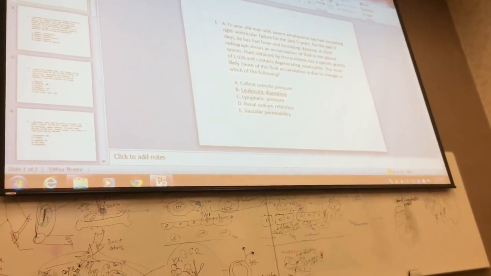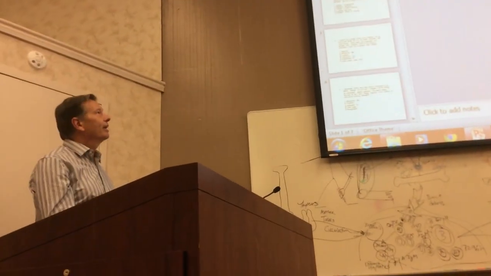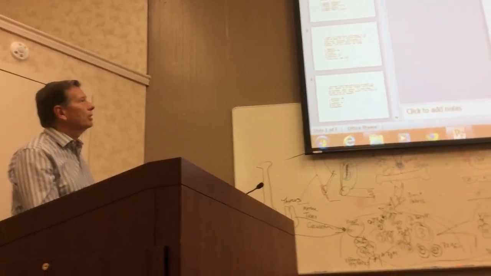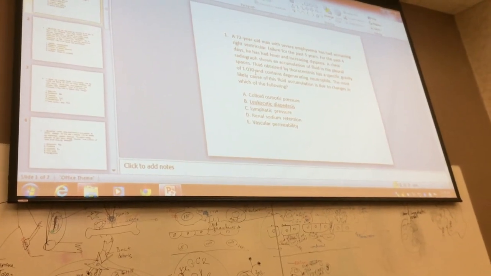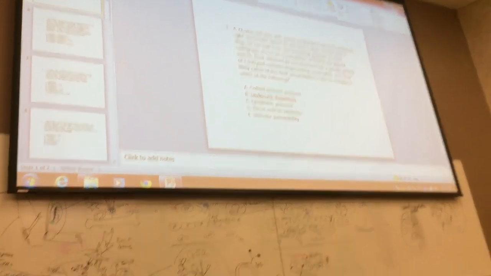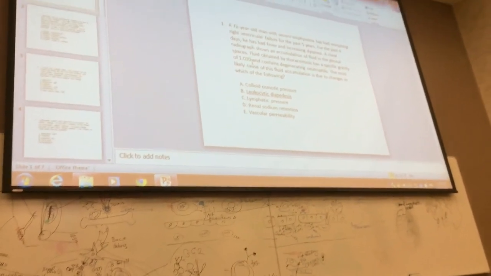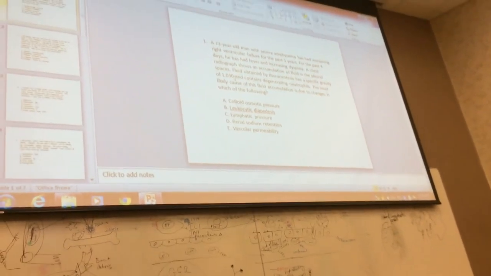Here the right answer is E, vascular permeability. What gives you the clue? The density is high. Remember, we talked about transudate and exudate. Transudate has a specific gravity less than 1.02. This one has more proteins and has cells, so that's characteristic of inflammation and of exudates.